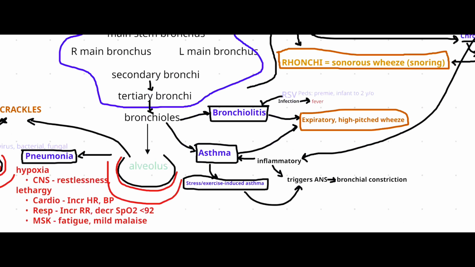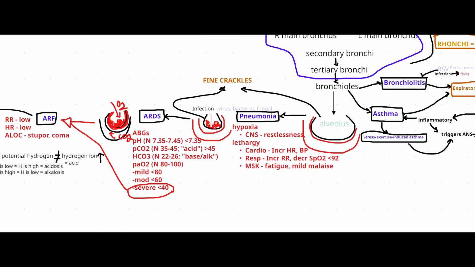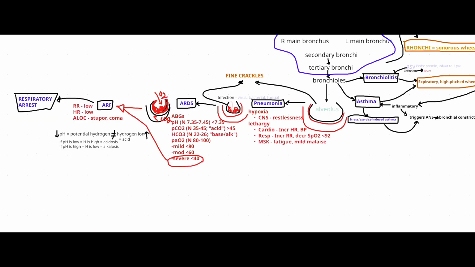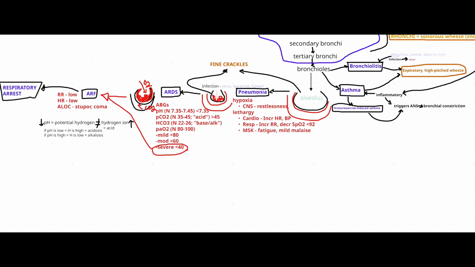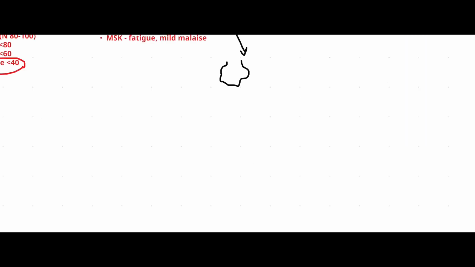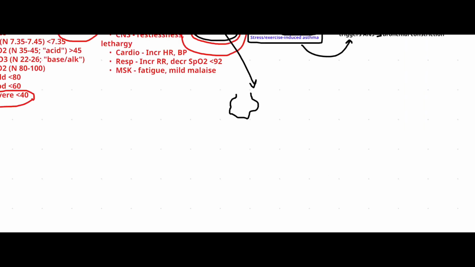The other part is that these are all infectious, what we talked about here so far, right? So the other thing that happens to the alveoli is that it loses its elasticity. So when the alveoli lose their elasticity, two things happen.